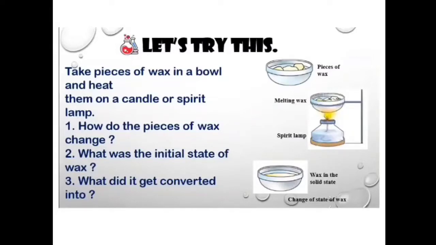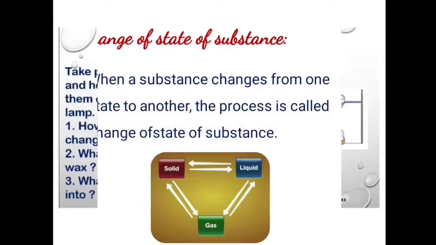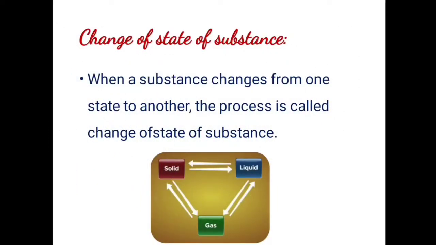Now, you can define what is change of state of substance. Yes, when a substance changes from one state to another, the process is called change of state of substance. Here you can see the solid gets converted into liquid, liquids get converted into gas.